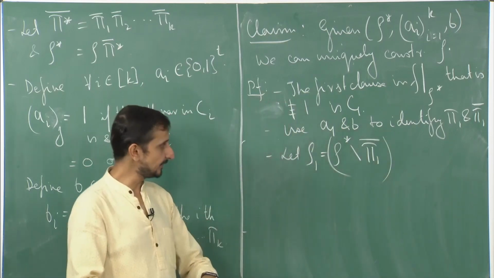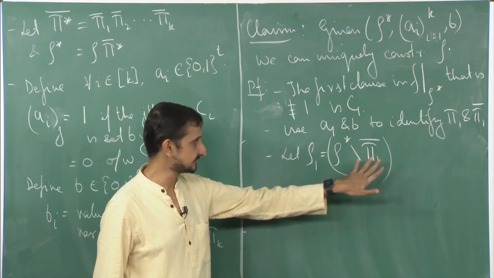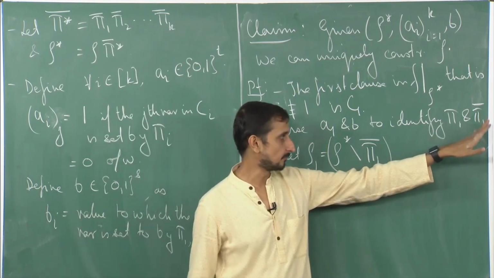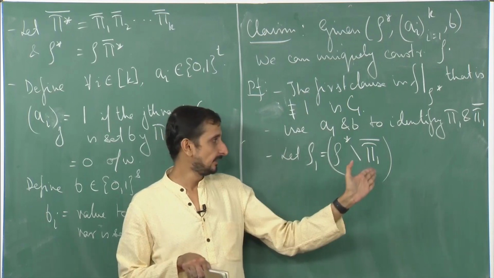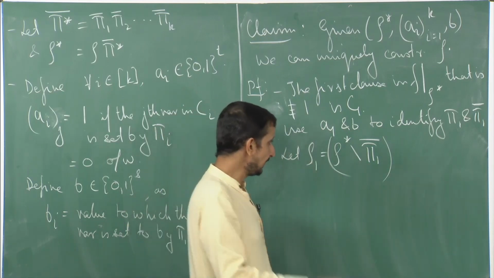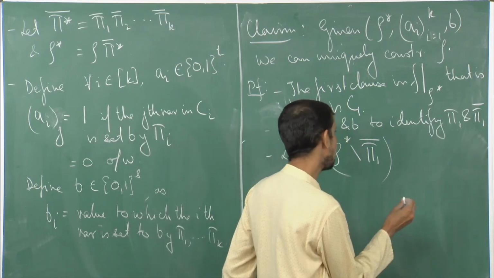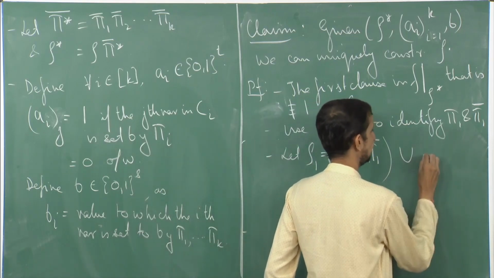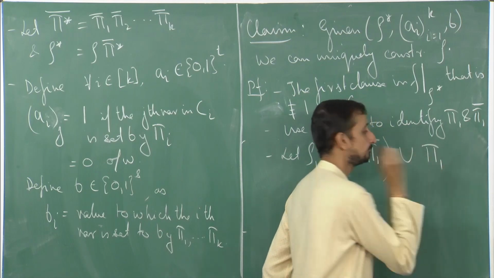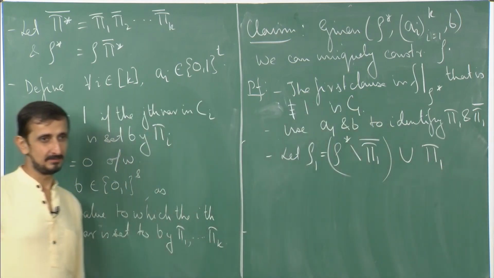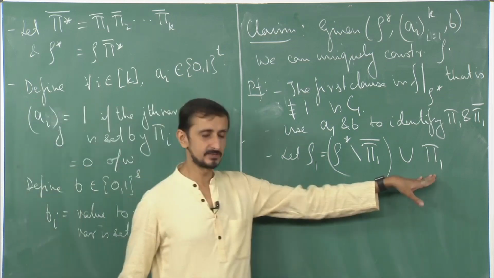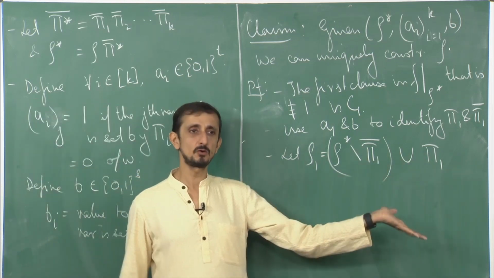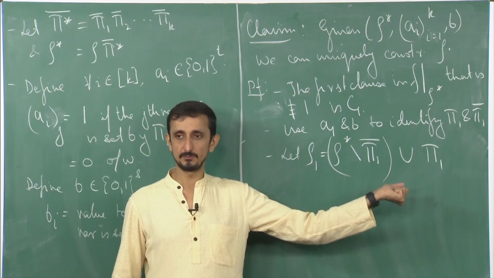Okay. Now, those variables which were being restricted by pi 1, in this case pi 1 bar, I remove them from rho star. Okay. And I will add the restriction pi 1. Now, what does this achieve? This is exactly what I said earlier. What this achieves is that this makes C1 equal to 1, because pi 1 makes C1 equal to 1.